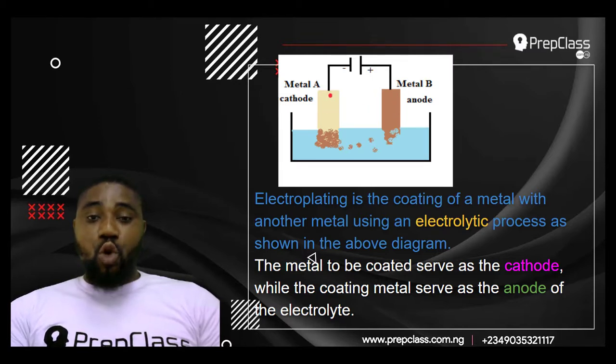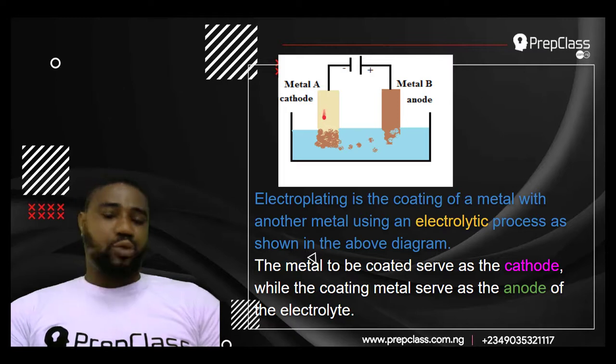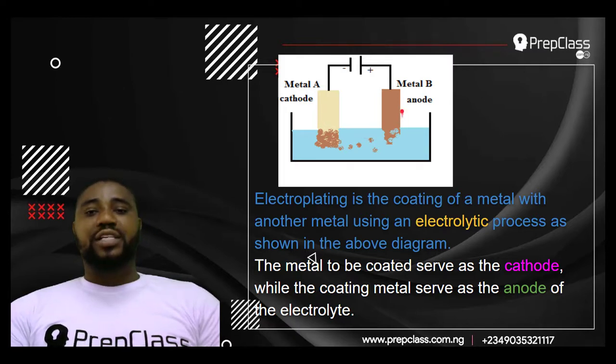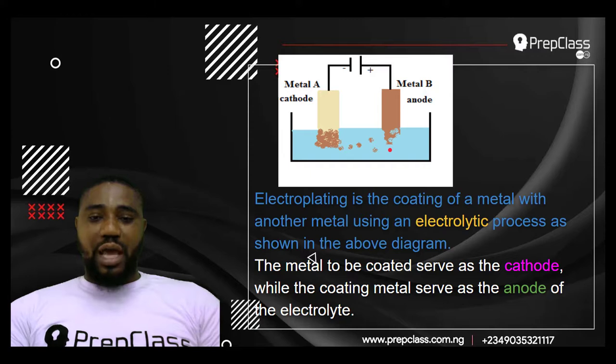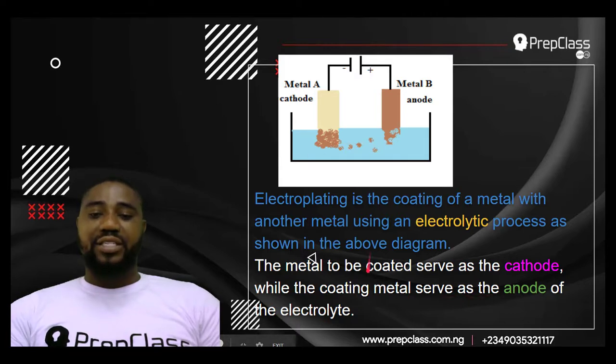The metal to be coated, the spoon, will be on the cathode. So the anode will enter into the solution and be deposited at the cathode. Ions will leave the anode, enter into the solution, and deposit as atoms coating the cathode. So the metal to be coated will serve as the cathode, while the coating metal will serve as the anode. That is how they do it in an electrolytic process.